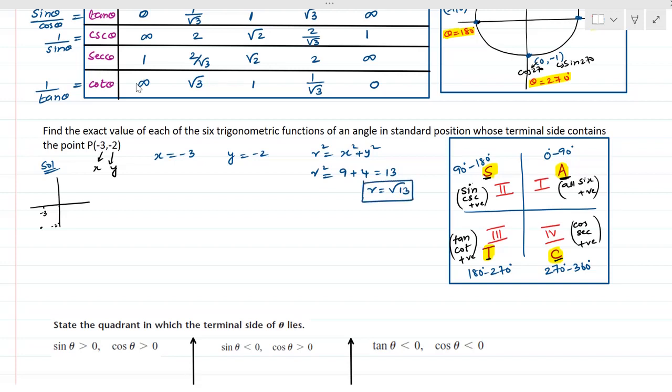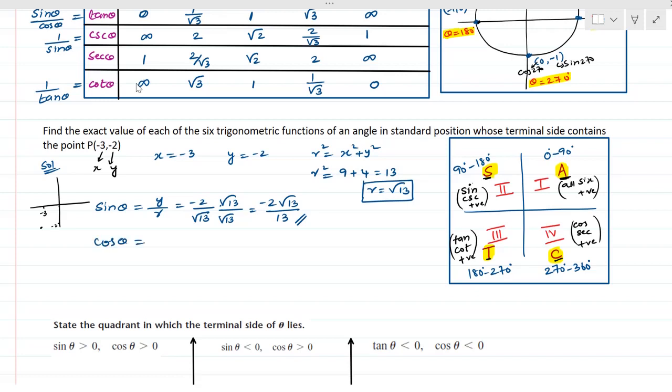Now I have to calculate one by one. What is sine theta? Sine theta is given by y over r. The y value is minus 2 over root 13, so I have to rationalize. I multiply by root 13, and you will get minus 2 root 13 over 13. So this is the sine theta.